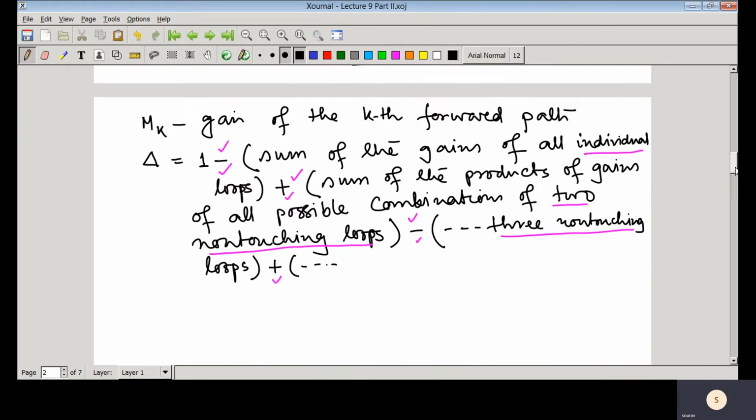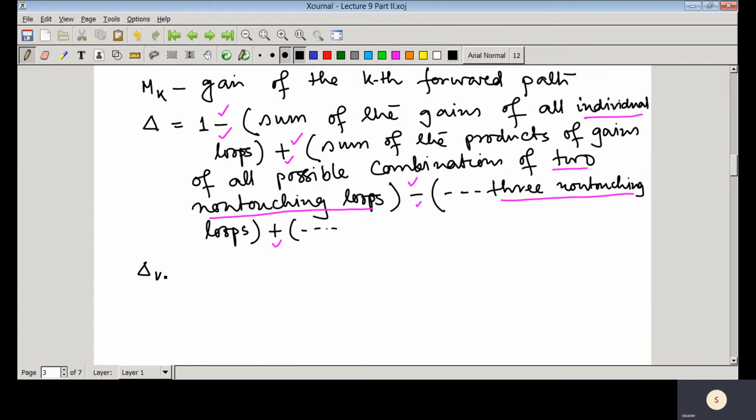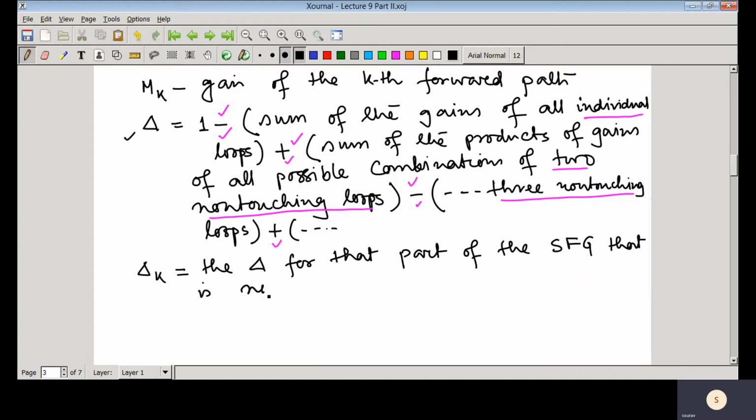So delta k is the delta, that means this delta for that part of the signal flow graph that is non-touching with the kth forward path.